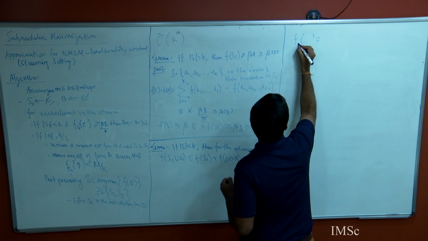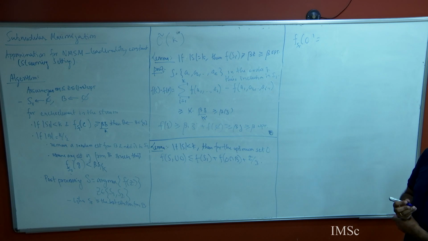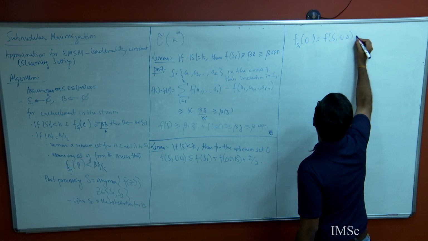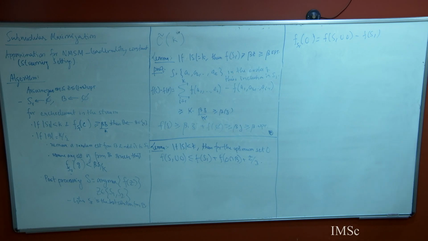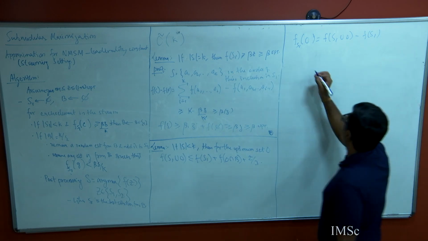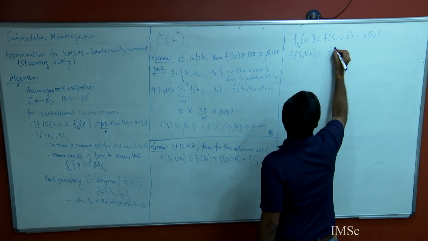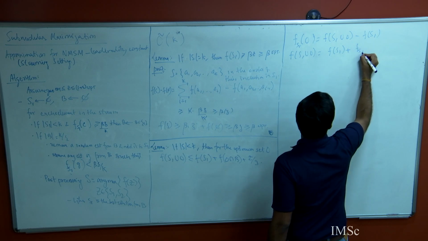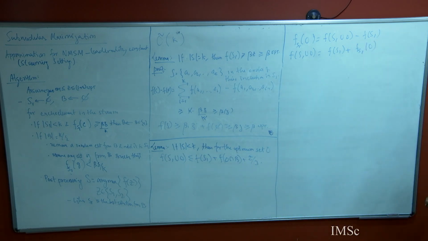What is f of S1 O? It's nothing but f of S1 union O minus f of S1, right? So I can write f of S1 union O as f of S1 plus f of S1 times O. Okay?